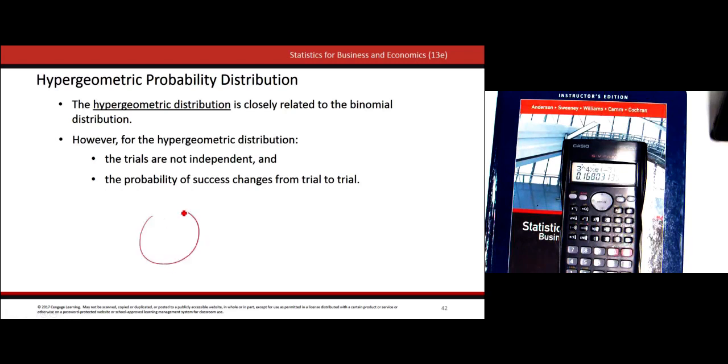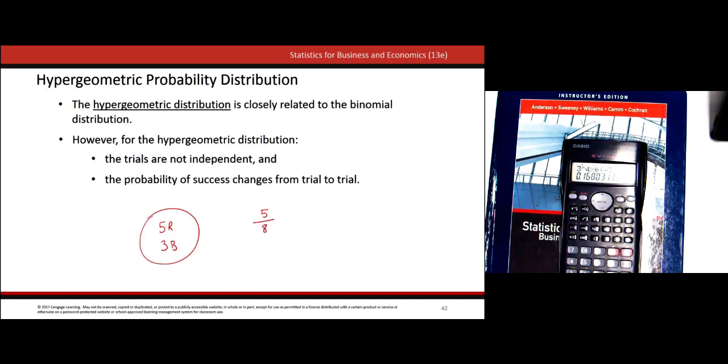Assume I have an urn here, say 5 red balls, 3 black balls. I select 2 of them without replacement. What's the probability of selecting a red ball, which is 5/8? We have a total of 8.